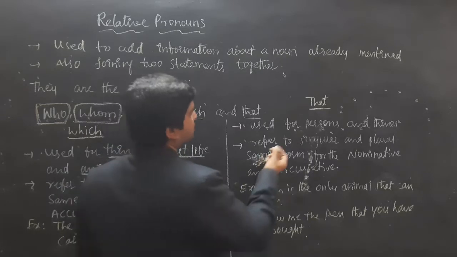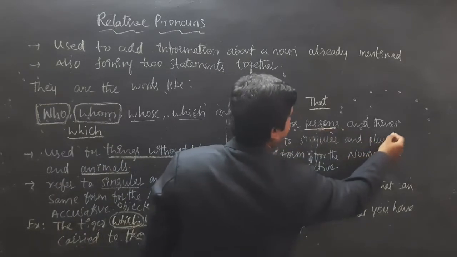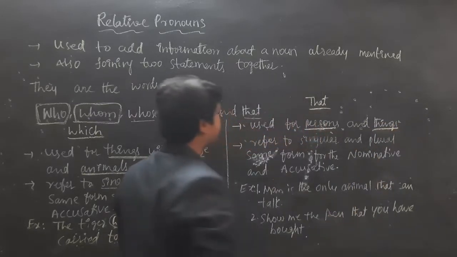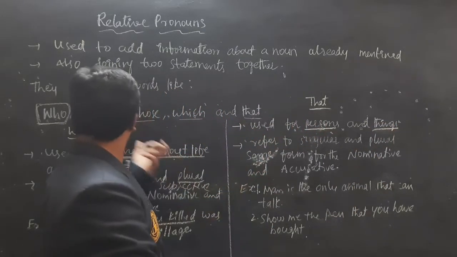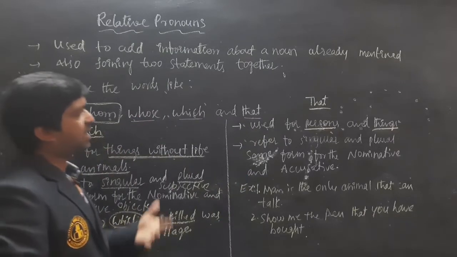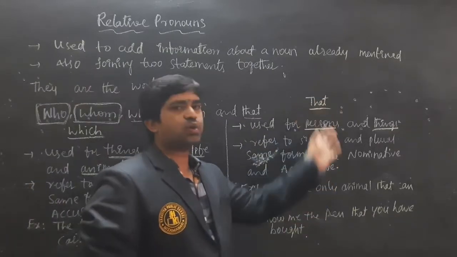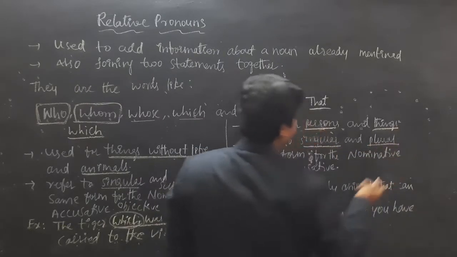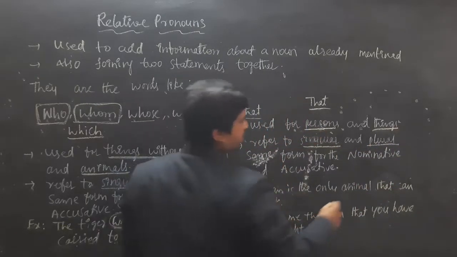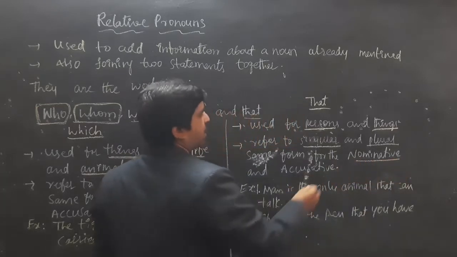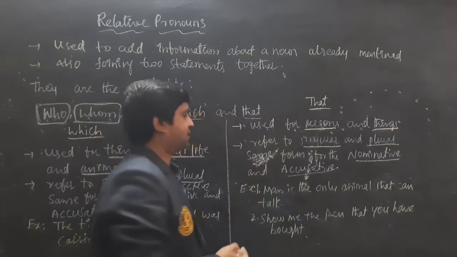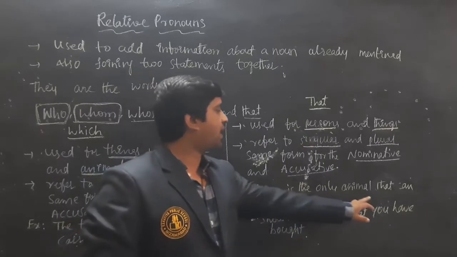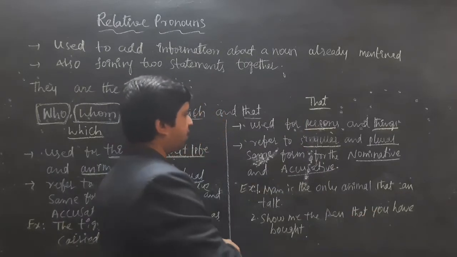Now see where we use that. We use that for persons and things. Like which, that is also used for both singular and plural, and the same form is used in the nominative and accusative case. Here is an example for that: Man is the only animal that can talk.